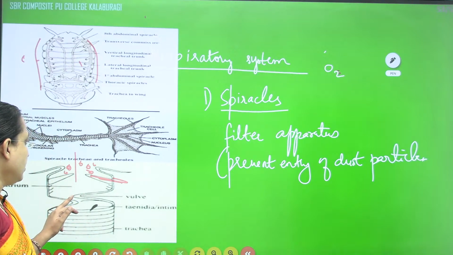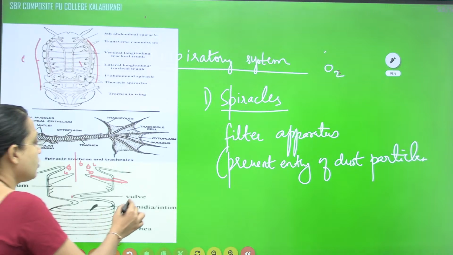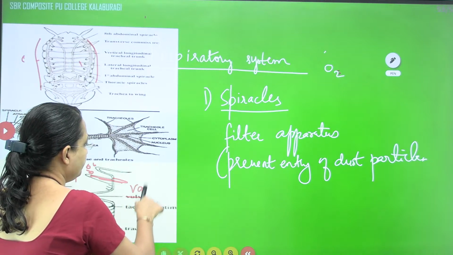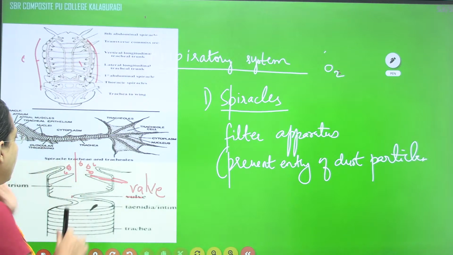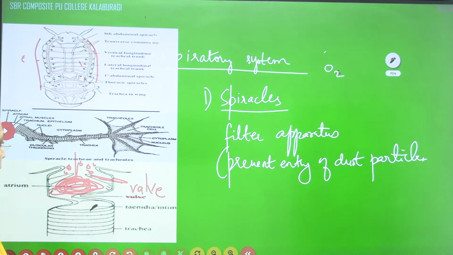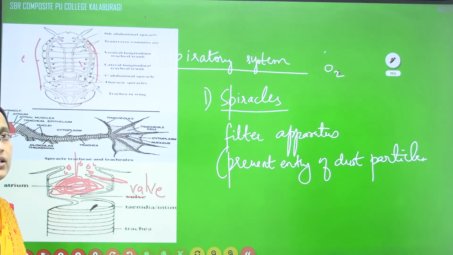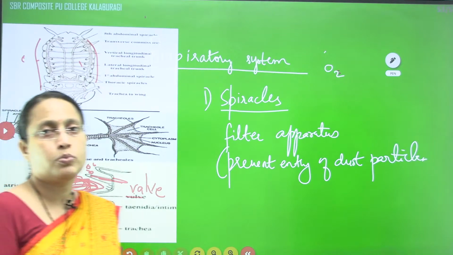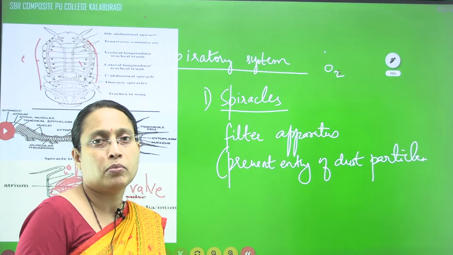Then further, there is the presence of a valve, and there is a chamber here. After the opening, this whole chamber is called the atrial chamber, bearing a valve. The opening and closing of spiracles is controlled by the sphincter muscles.